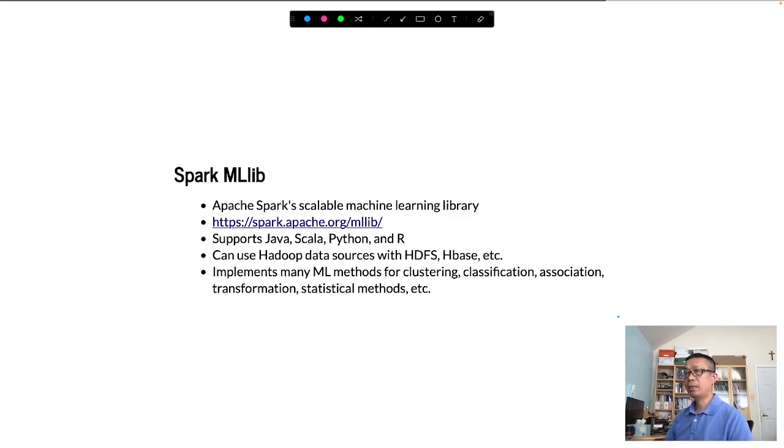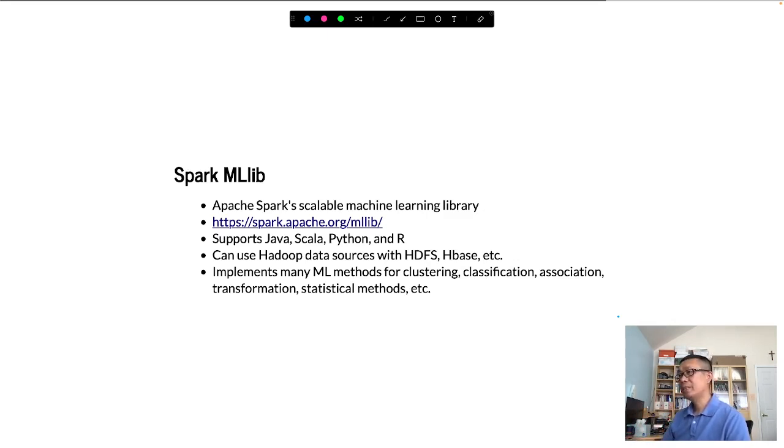And regarding Spark, it has this scalable machine learning library, MLlib, that supports Java, Scala, Python, and R, different languages. And these are some of the most popular languages for data science and analytics. It can use existing Hadoop data sources on the Hadoop distributed file system, HBase, and so forth, and crunch data from those sources.